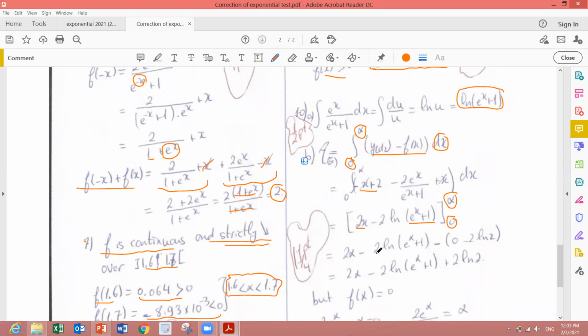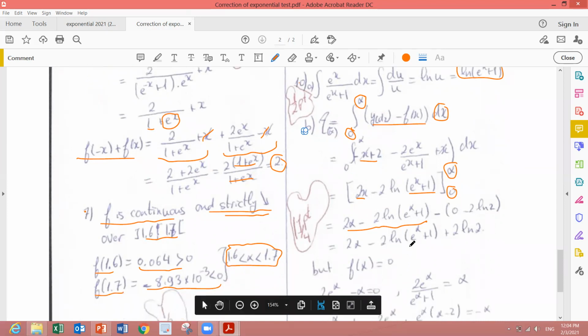So it is equal to alpha minus 2 ln(e to the alpha plus 1), minus, second time we replace x by 0, 0 minus 2 ln 2. It will become 2 alpha minus ln(e to the alpha plus 1) plus 2 ln 2.